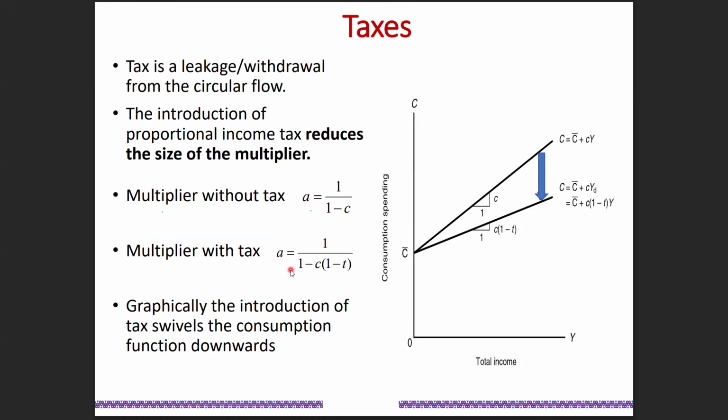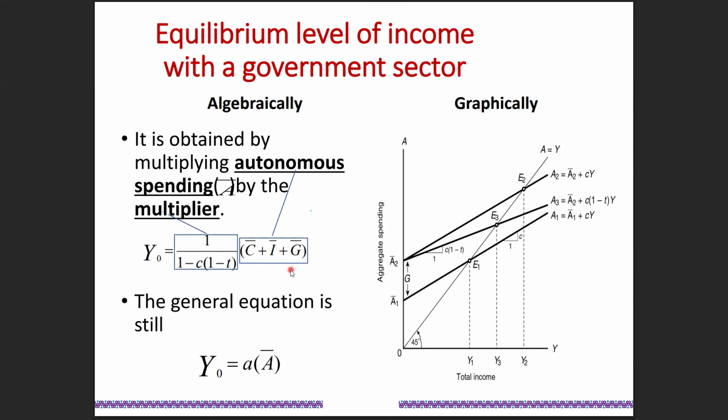Hence now, the equilibrium income is calculated like this. You say 1 over 1 minus C, then you take into account that we have also introduced the government, which comes with taxation, right? And taxation reduces the size of the multiplier, right? And now we're going to divide also by 1 minus T, right? So I hope I didn't confuse you guys. Okay, it's just like that.